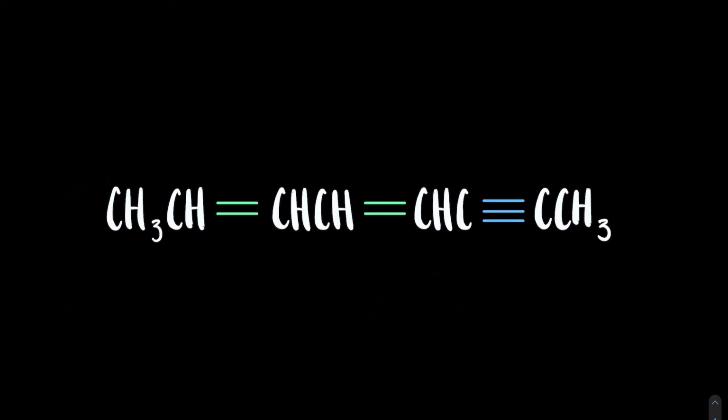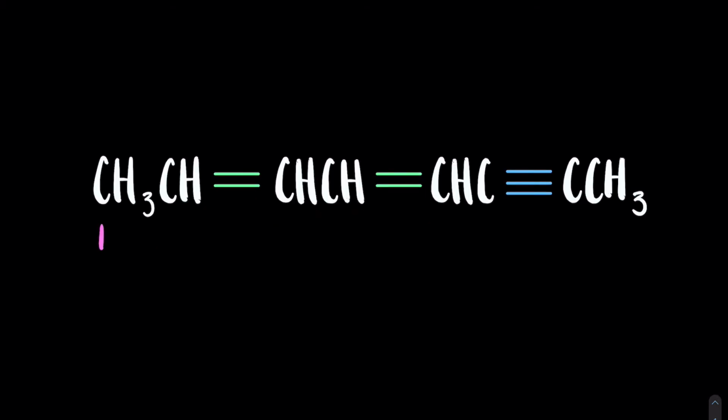Okay, so we've got an interesting one here. We see that we have double bonds and triple bonds in this compound. So which end are we going to start numbering from? We'll start from down here. 1, 2, 3, 4, 5, 6, 7, 8. So we have an octyne. And we see that we have a double bond on the second carbon atom and the fourth carbon atom.